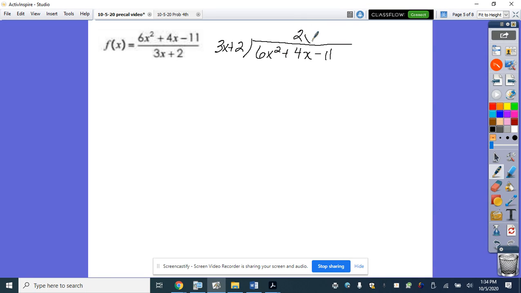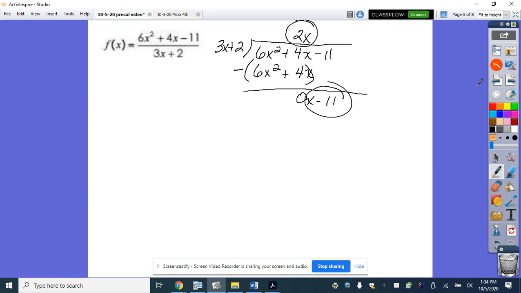And that's a 2x. So that'll give me 6x squared. 2x times 2 is 4x. And remember, when you do this, you're always subtracting. Okay, this is going to give me 0. And we're going to bring down that minus 11. So do I need to do anything else? All I have left is this minus 11, which is a remainder that I don't care anything about. So my answer is 2x.